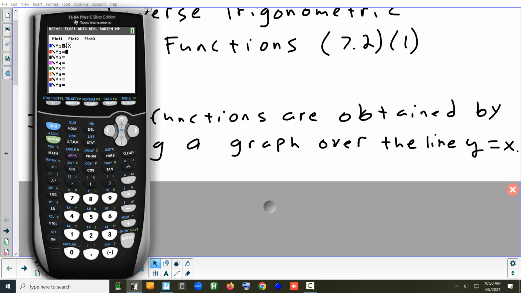And specifically, squaring when x is greater than 0, because I can't do less than 0 with square roots. So let me put in x greater than 0. Let me put in a line y equals x and do zoom 6. So I'm going to have a squaring function, a parabola, and then I have the line y equals x.